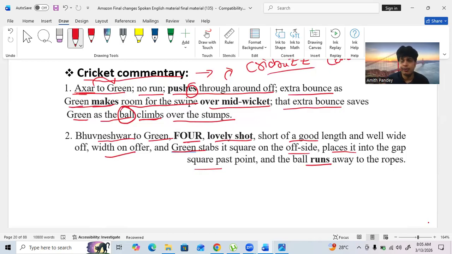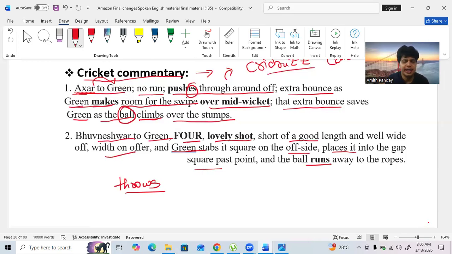The first delivery from Bumrah. So Bumrah throws the ball. Why are we using throws? Because it is simple present. Bumrah throws the ball, whereas Virat hits the ball and it goes for six. Next, second delivery from Bumrah. So Bumrah throws a yorker. Virat tries to hit, it goes for four.